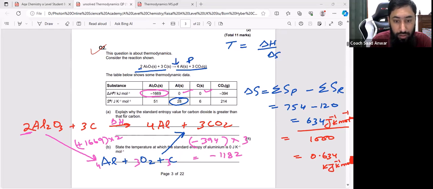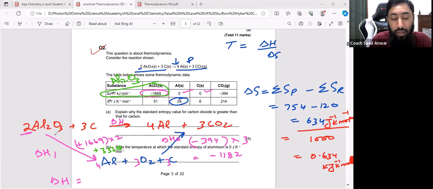So I have to find this enthalpy. Say this is delta H1, say this is delta H2. When I multiply these values, I will be getting plus 338. You see why I'm putting plus 1669? Because this is the enthalpy of formation of Al2O3, but I am not forming Al2O3 here. I am breaking Al2O3 into its constituent elements, so I just need to reverse that sign.